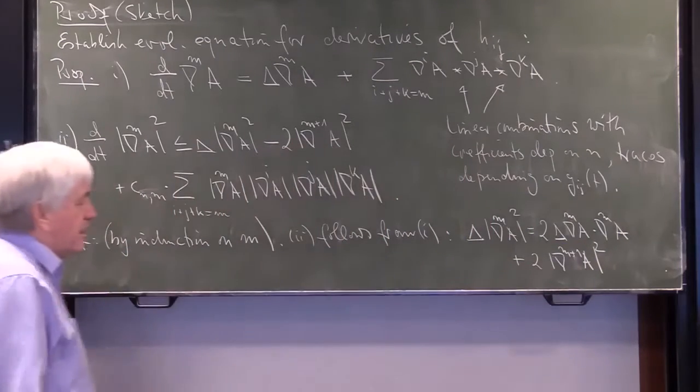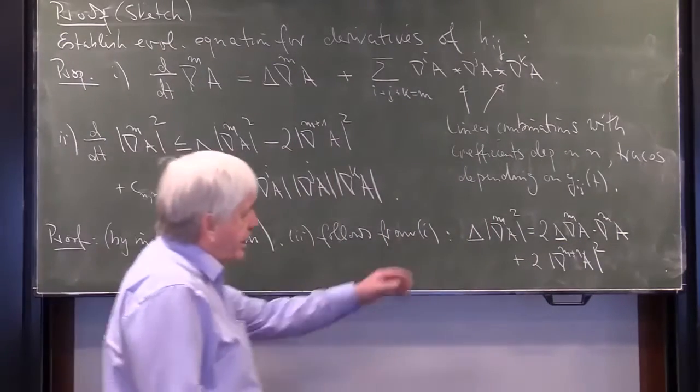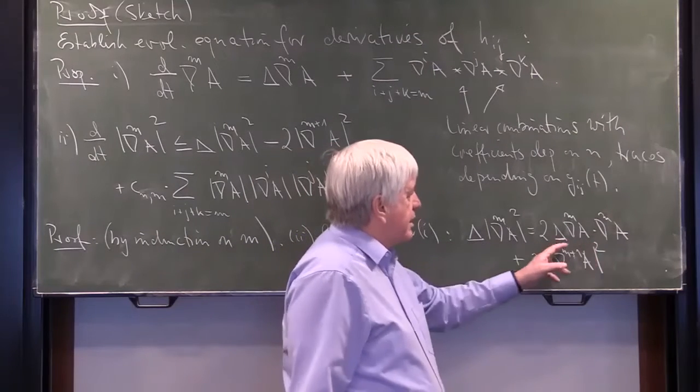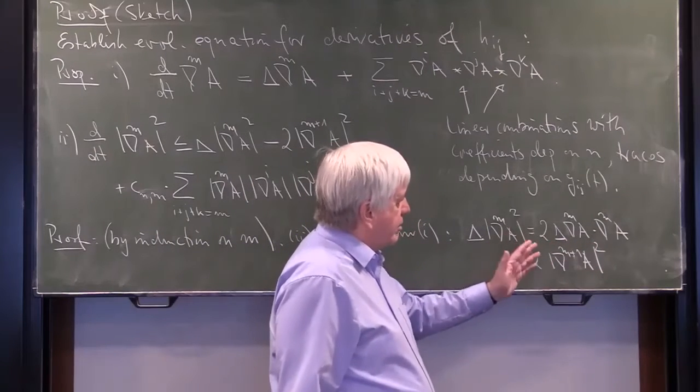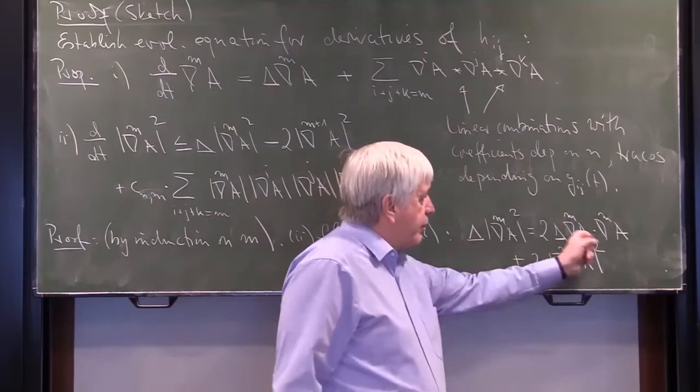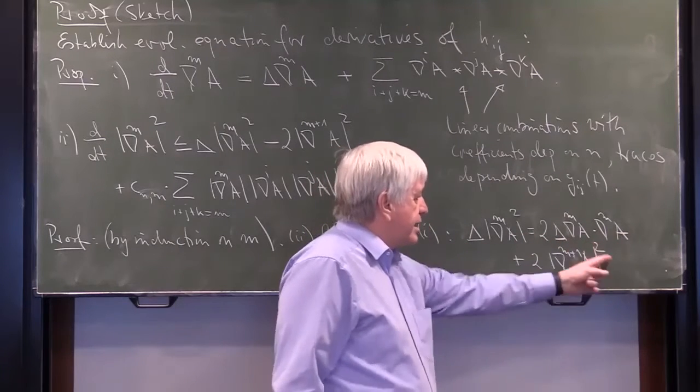Because when you take the gradient, you get 2 times the m-th gradient times this, and then you get the term where the gradient from here falls one on here and one on there, and that's exactly this term.